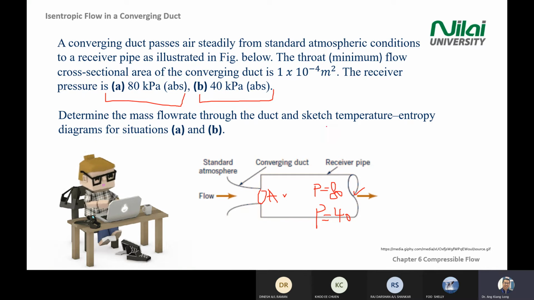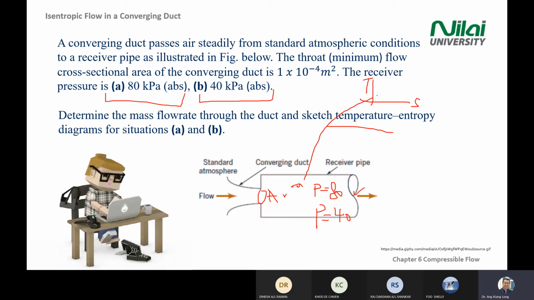Then you need to know how to plot the T versus entropy chart from this question. You need to plot what happened to the A scenario when the internal pressure is 80 kilopascal. You need to plot on this chart and then repeat the same, plot 40 on this chart.